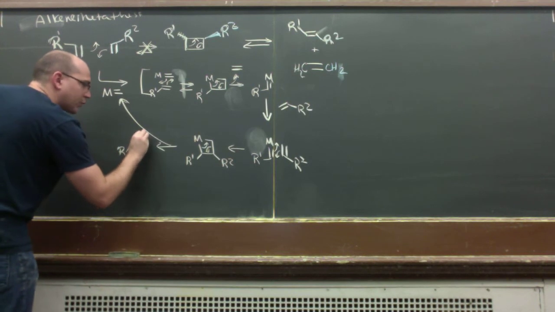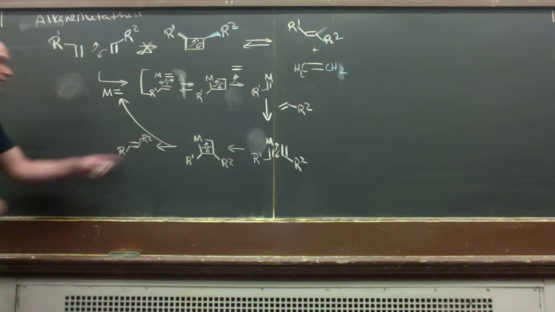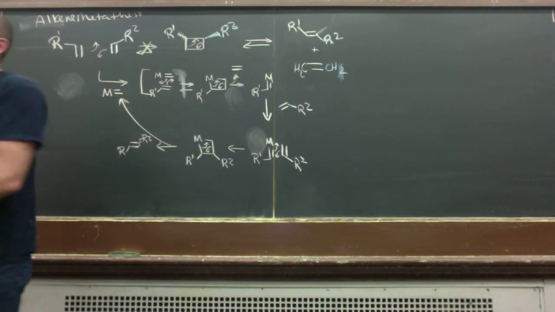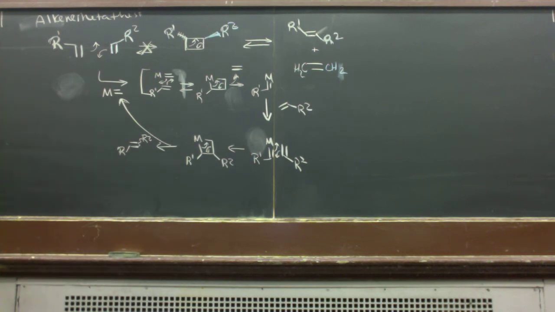And I'll put a squiggly line there, because, again, as Ray brought up, this process overall isn't generally going to be a stereoselective process. Okay, so this would be a reaction called a cross metathesis, because what we have here is two separate alkenes that are going to react together.